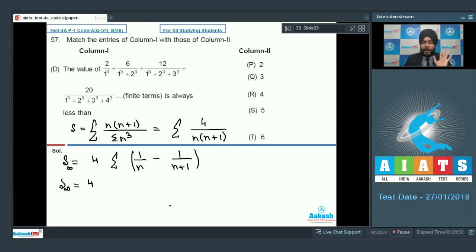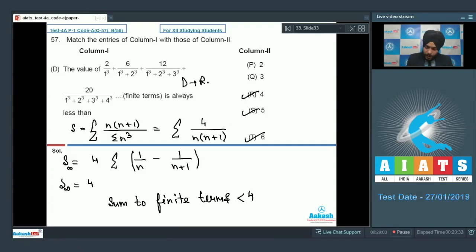So this is a very famously known telescopic series. The answer comes out to be 1. S infinity is 4. So sum to finite terms is a quantity which is strictly less than 4. So that means R, S, T are the correct options for D part. Okay, R, S, T. Let us move on to next section, which contains integer type problems.